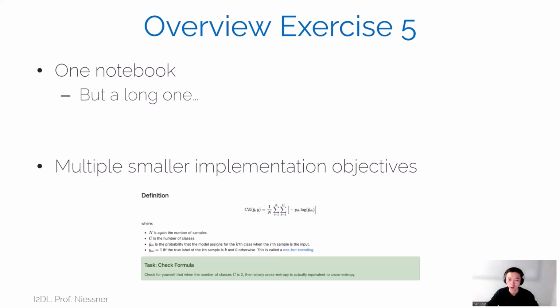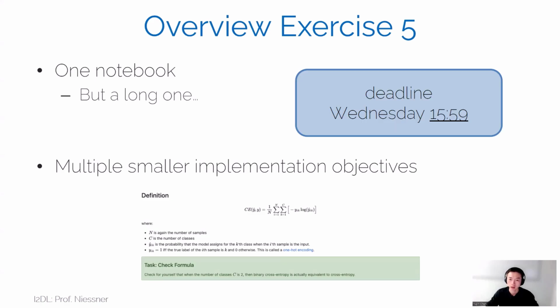But for each one, actually you don't need to write it from scratch. We already provide some very detailed instructions in the notebook, and then you can just follow the instructions here. And the deadline is next Wednesday, 4 p.m.